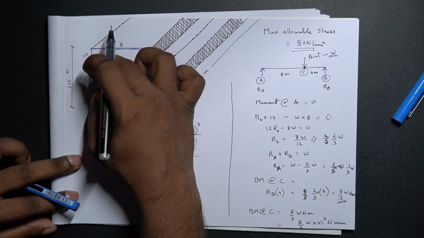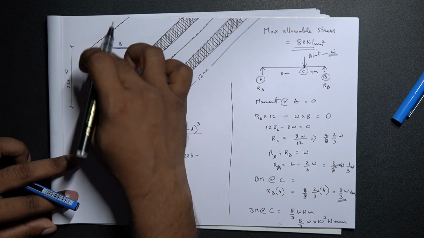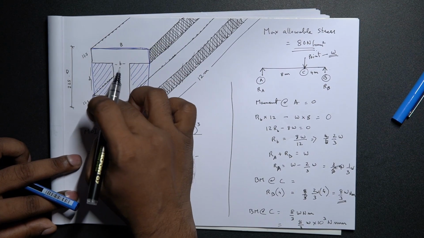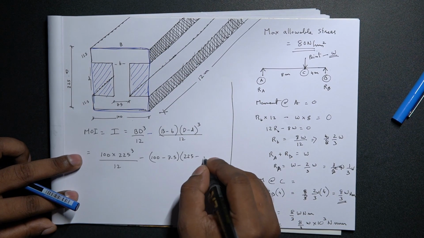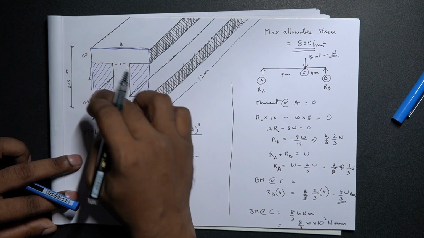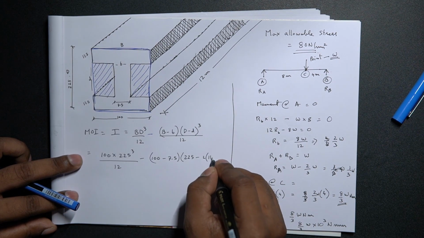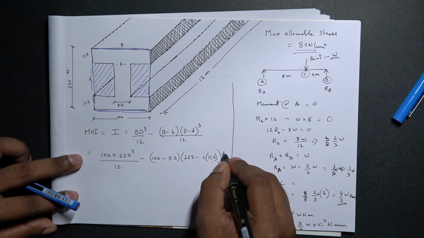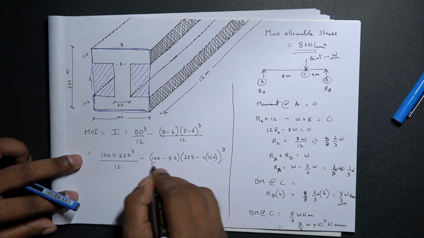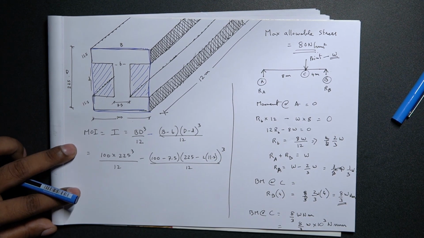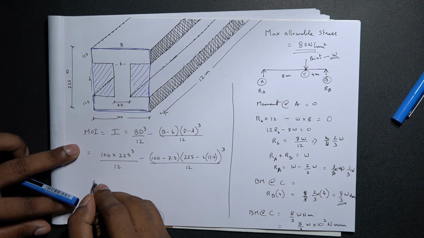We don't have small d, so we are going to subtract the two flange widths, that's 2 into 11.5, whole cube by 12.